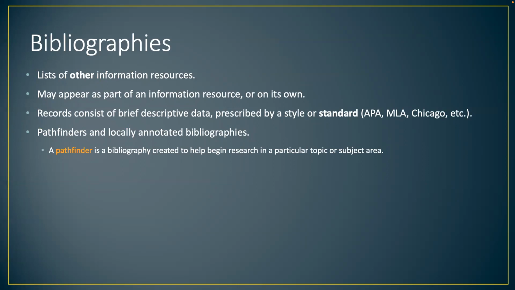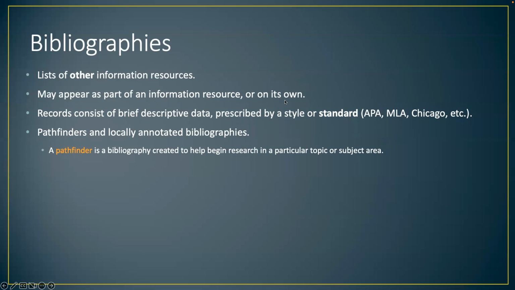So first is bibliographies. I'm sure many of you are very familiar with bibliographies because they are everywhere. For example, in the end of academic books or in the end of any academic paper, there will be a list of bibliographies that are cited in the book or paper. So basically each bibliography is a list of other information resources, and it can be a part of another information resource, like we mentioned at the end of the book, or it can be its own.